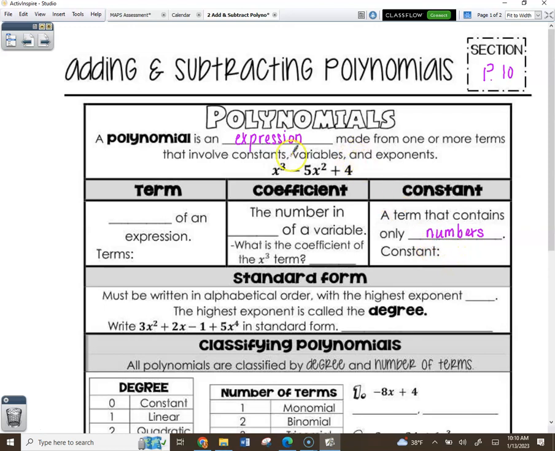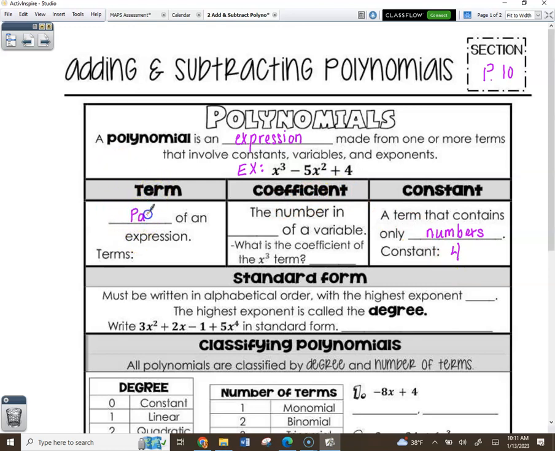So for instance, if you look at this example right here, this is a polynomial expression here. Which one is a constant? The 4. The 4 is your constant. So come right here where it says constant, and you're going to write that that's a 4. Vocab word term.